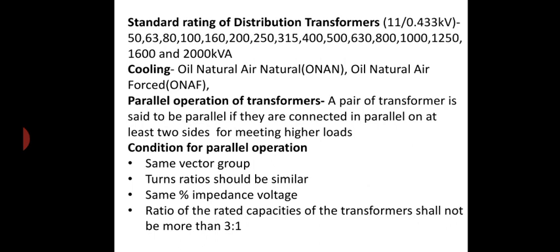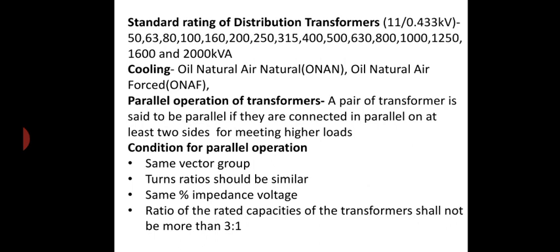Now, what are the standard ratings of distribution transformers? The standard rating of a distribution transformer is 11 kV/433 V, for a pole mounted transformer. Transformer specification is done in kVA.